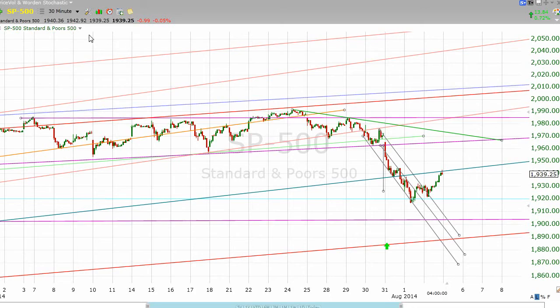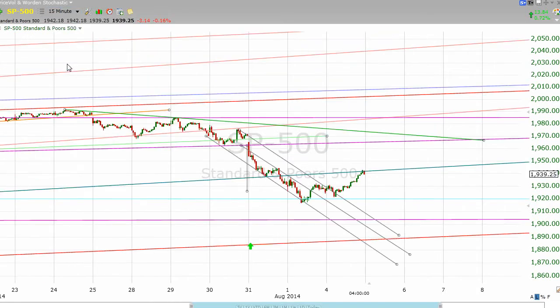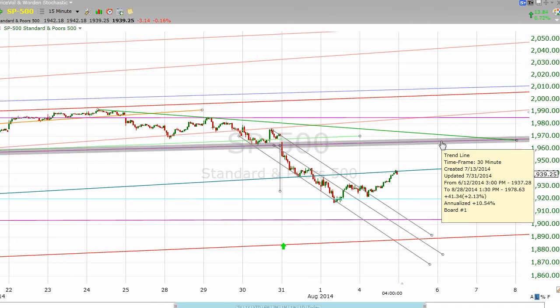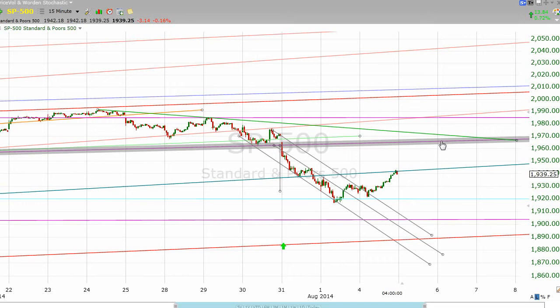Okay, we're looking at a 30-minute chart, and I just said over the weekend that if we could get over this line right here, we might be setting up at least a short-term rally, hopefully to at least backtest this broken support line right here.